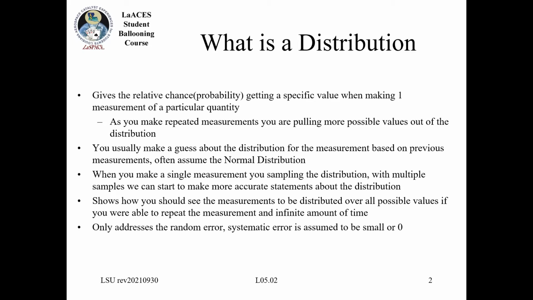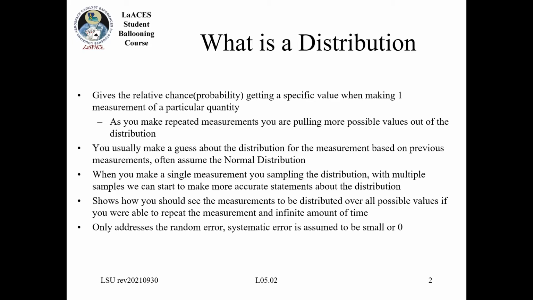A lot of times before you take your measurement, you don't necessarily know what type of distribution you expect the data to follow. You often will assume a normal or a Gaussian distribution.